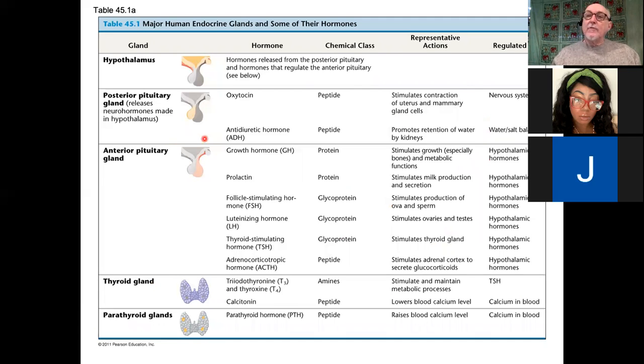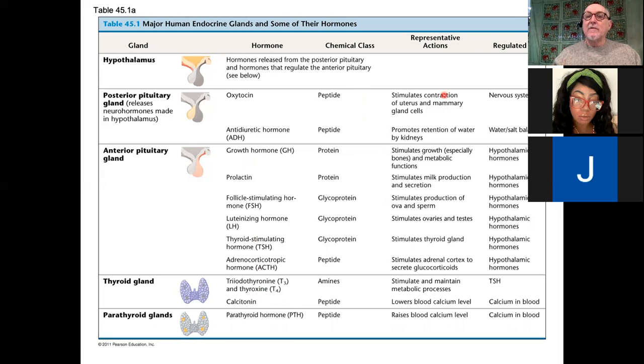So I'm not going to go through these tables. I just want to point them out to you. Please do go through these. First of all, it gives you a list of the hormones which are released by the different endocrine glands. Tells you the kind, whether they're peptide, protein, whatever.